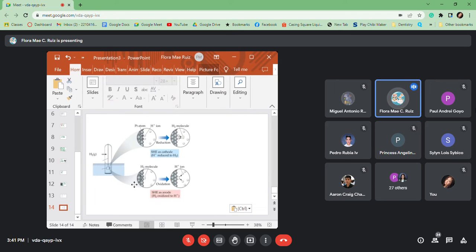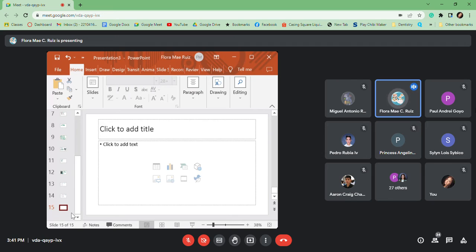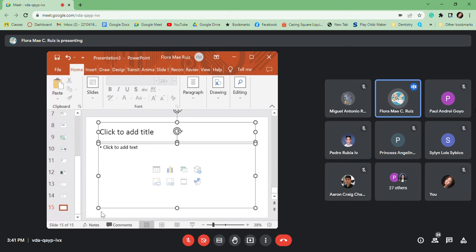So this is the standard hydrogen electrode or simply SHE. So by definition, as the standard, ang reduction potential sa hydrogen is 0 volts. Okay? So standard cell potentials, then, the cell potential at standard conditions can be found through the equation.